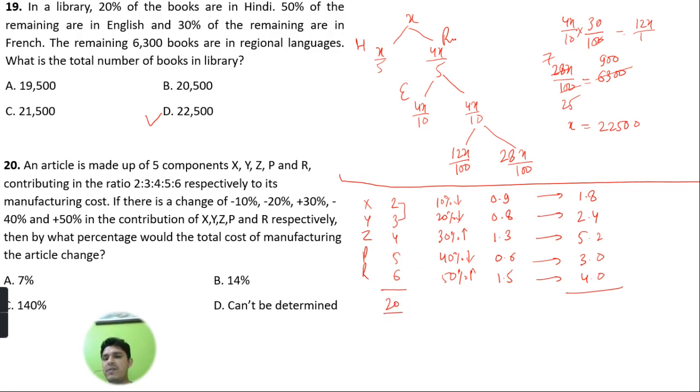Earlier cost 20, and if we check the cost now, so this will be 8 plus 2 10, 10 plus 4 14... okay, there is some error again.